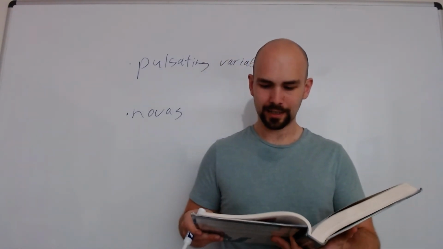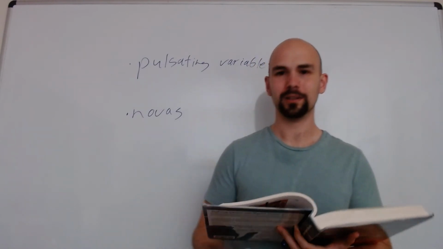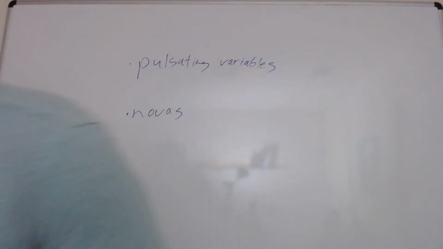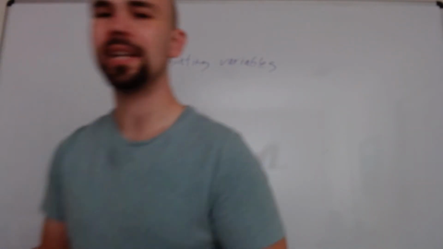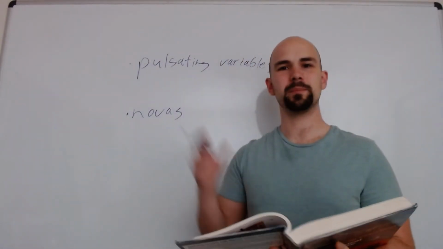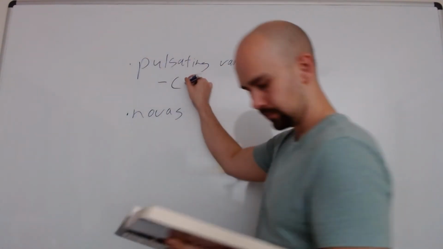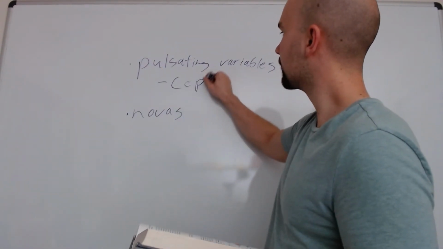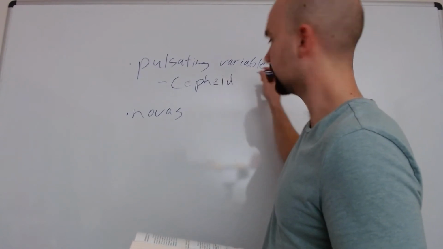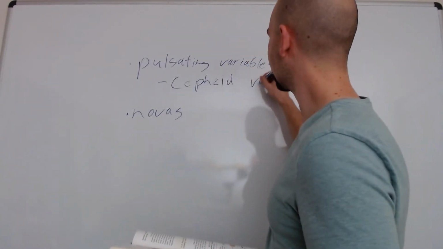Now, we're going to talk a little bit about the pulsating variables. Pulsating variables are going to be stars that actually expand and contract. There's a certain subclass of them called Cepheid variables.